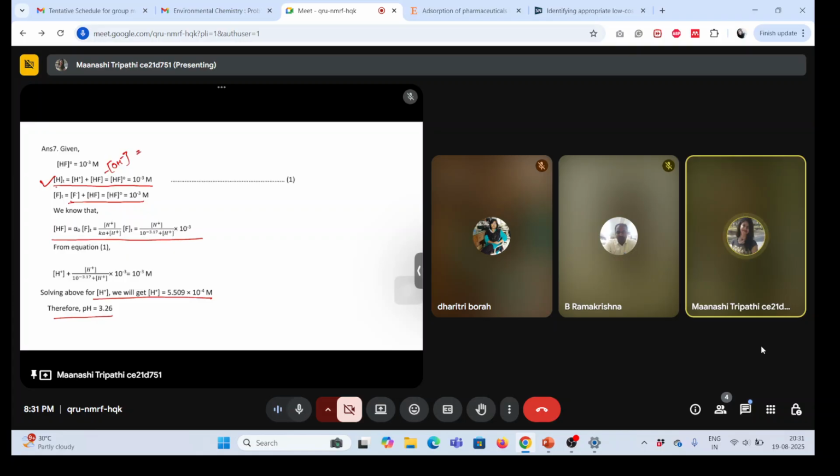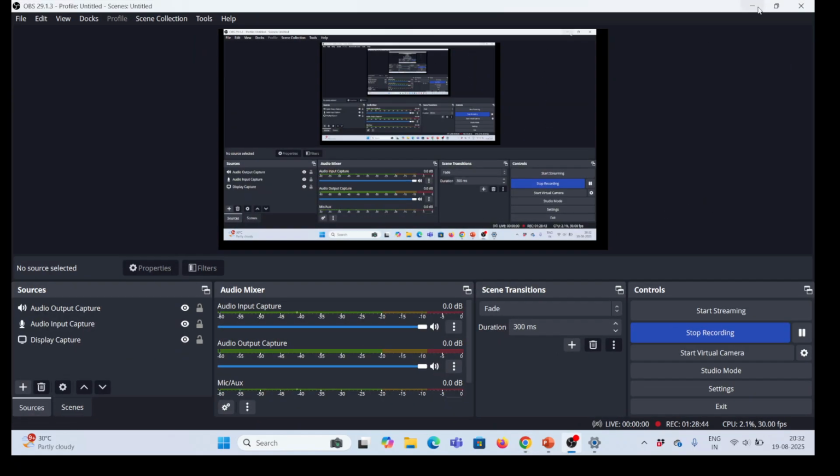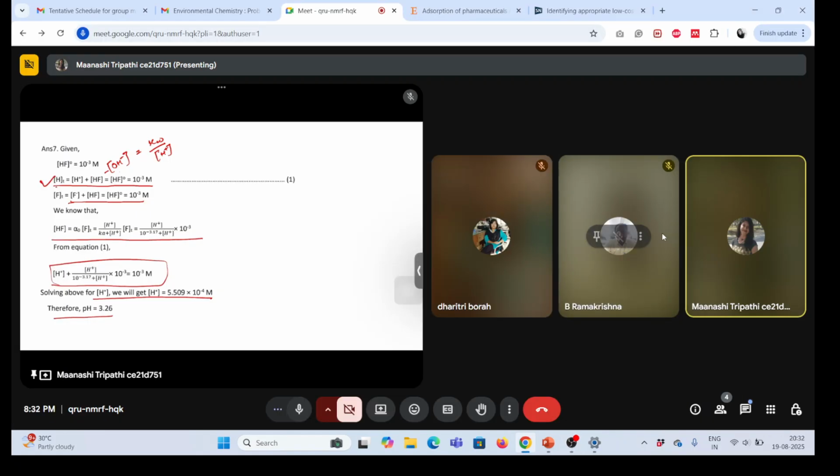This minus OH will become Kw upon H plus, which can be kept here and solved, and we will simply get the value of H plus. So it's better to keep minus OH to avoid the confusion. Moving towards the next one.